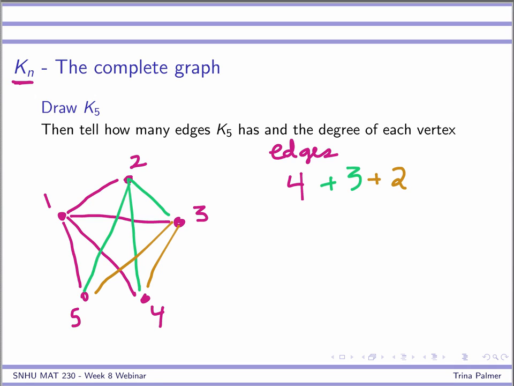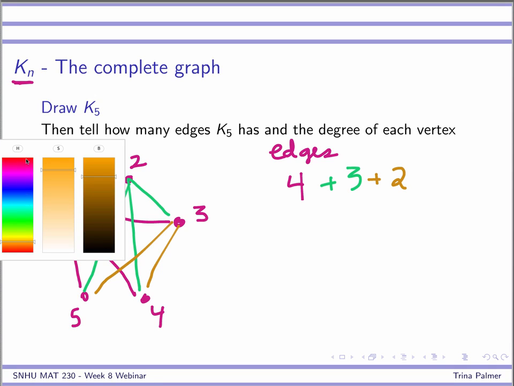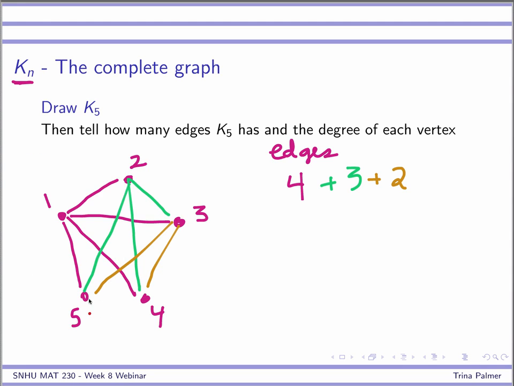And the only one left is 4 to 5. And so there's only 1 edge there. So notice the pattern is 4 plus 3 plus 2 plus 1, so that's 10. So how many edges does K5 have? K5 has 10 edges.